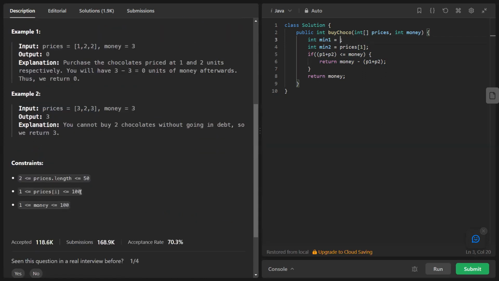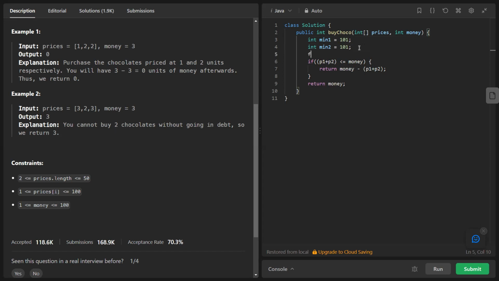So the maximum price of a chocolate can be rupees 100. It cannot go beyond 100. So I will take 101 here and 101. Okay, so that is the maximum.